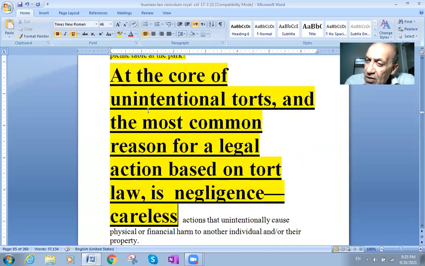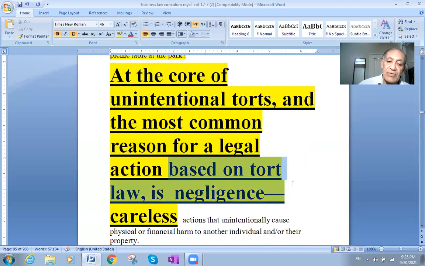Let's say you did it because you don't care about the others, so this caused them harm, but you didn't do it for this person purposely. At the core of unintentional torts, and the most common reason for legal action based on tort law, is negligence, being careless.